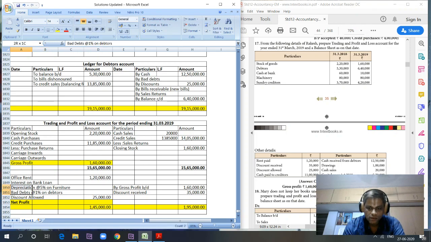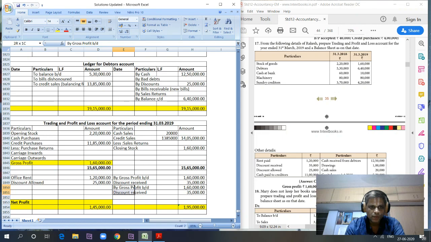Wait, I can remove this balance, right? Format makes a lot of difference when we prepare accounting entries, right? So we should always be clear about how we are presenting it.